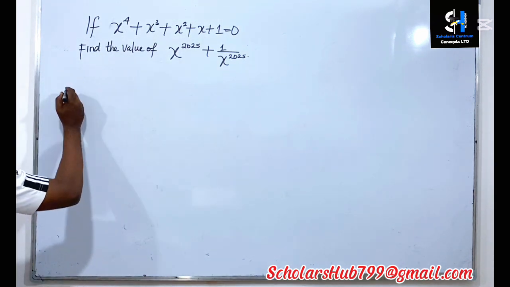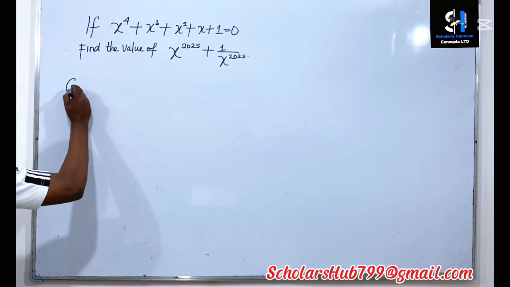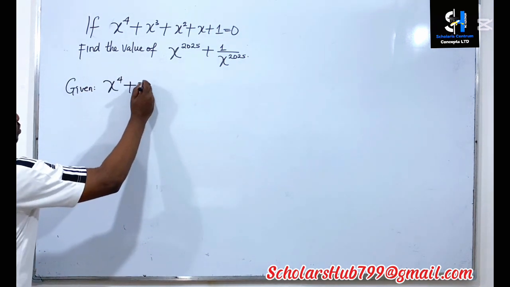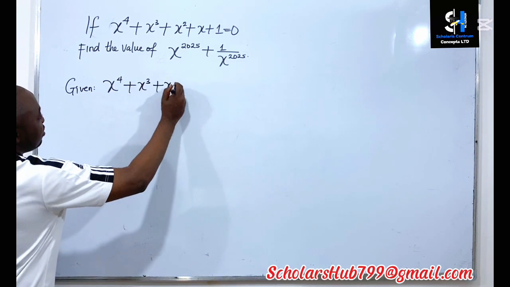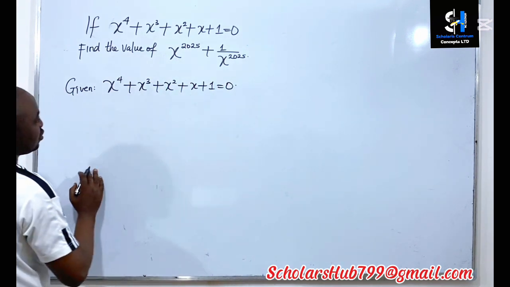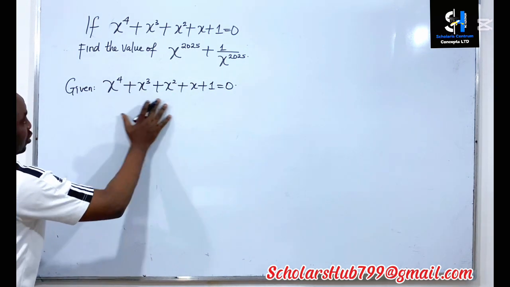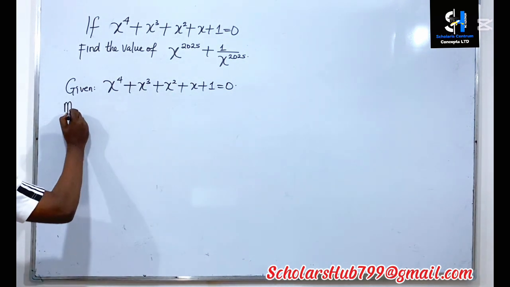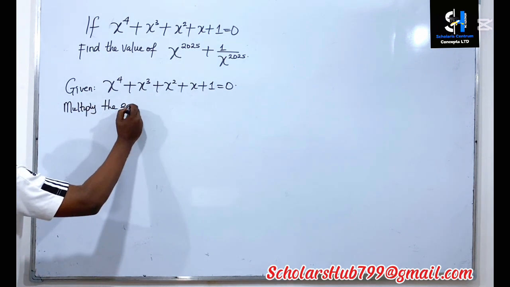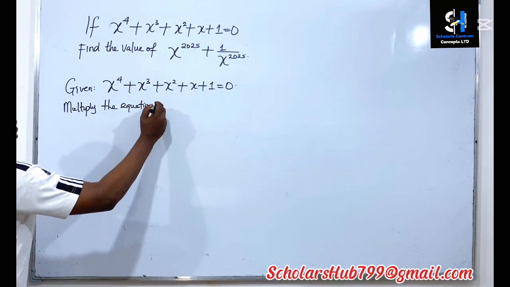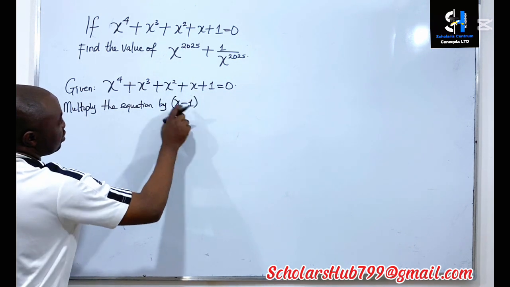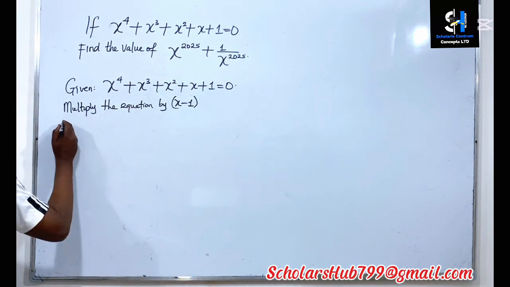So the first thing to do is what? Now, we're given x to the power of 4 plus x to the power of 3 plus x to the power of 2 plus x plus 1 equals 0. To simplify this, let's multiply the equation by x minus 1.